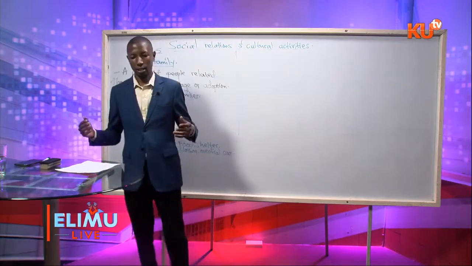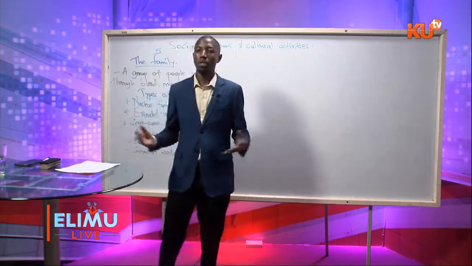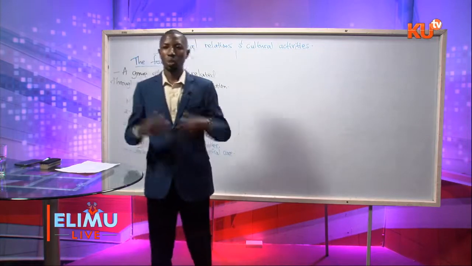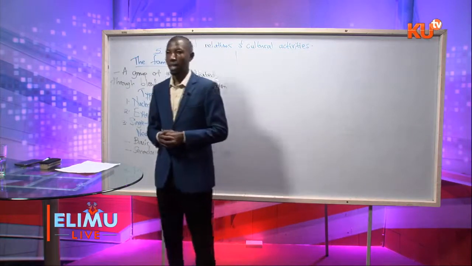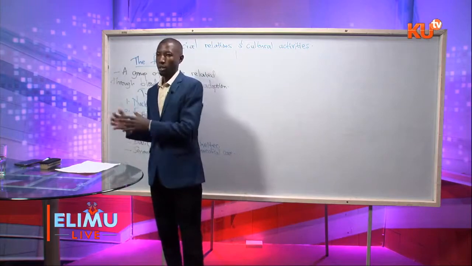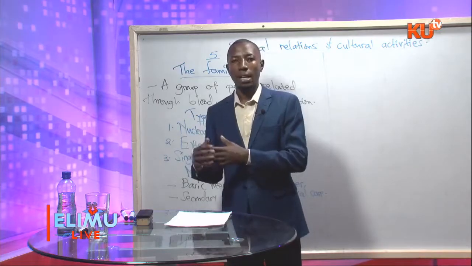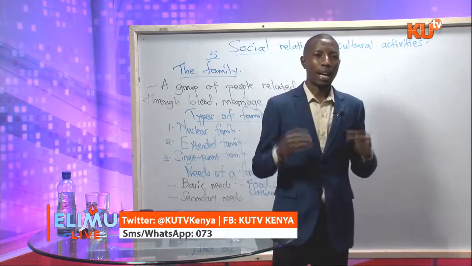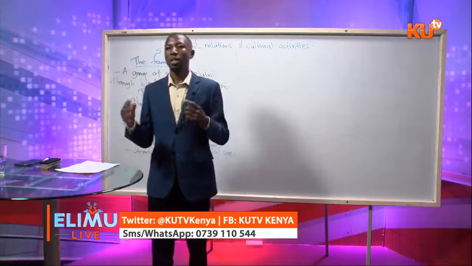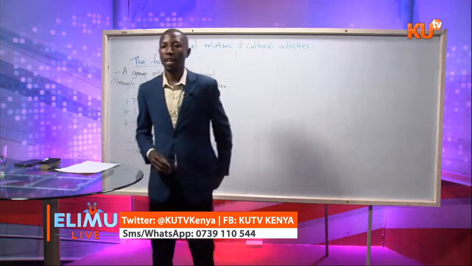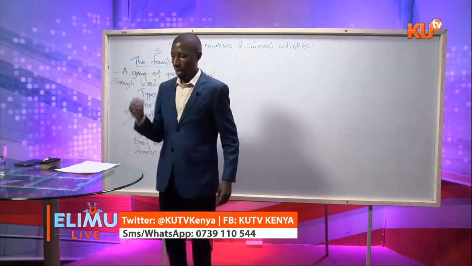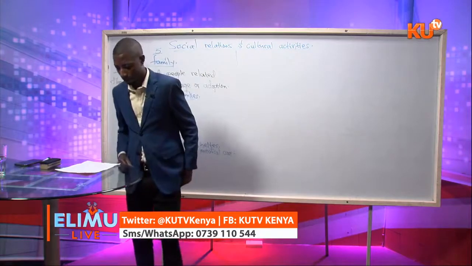And in most African communities, actually the Kenyan communities which we are looking at in that grade, a clan was mostly formed by the man or by the father. Except for one unique community, the Agikuyu of Kenya, which formed their clan from their grandmother.